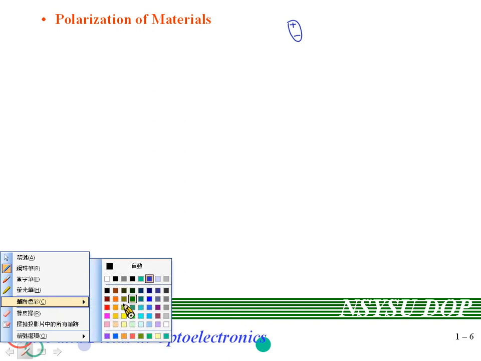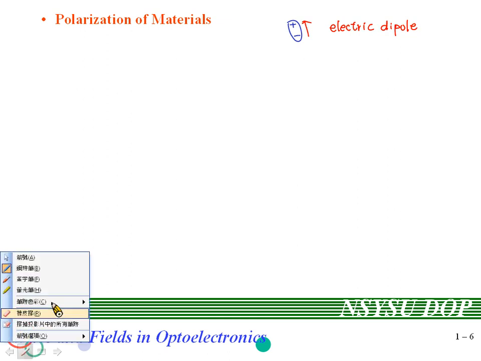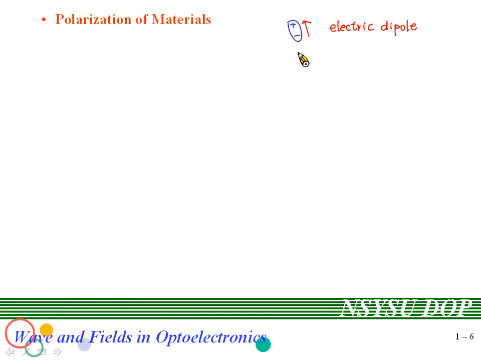As a result, we will form an electric dipole. For a dielectric, there are a lot of atoms inside, and each electric dipole points in a randomized direction. As a result, you cannot feel the net effect of these electric dipoles.